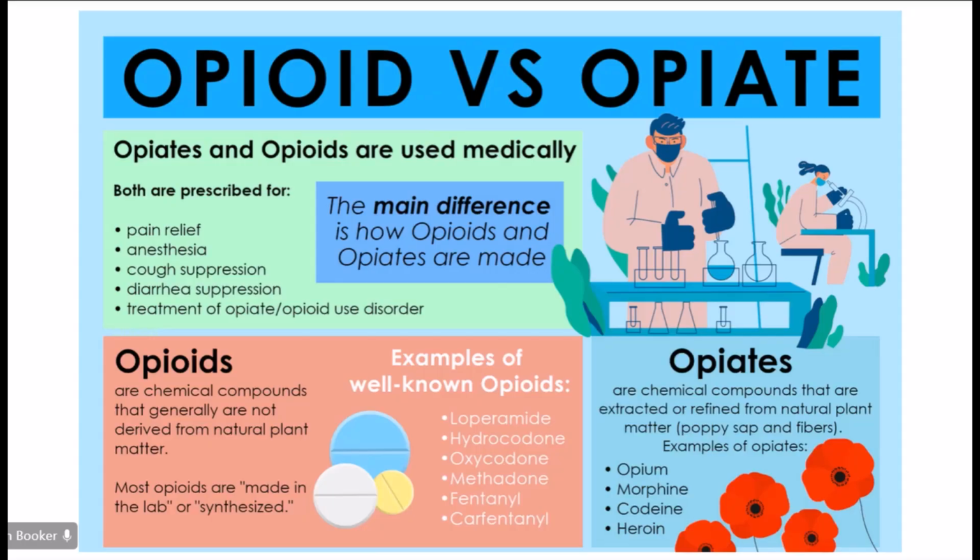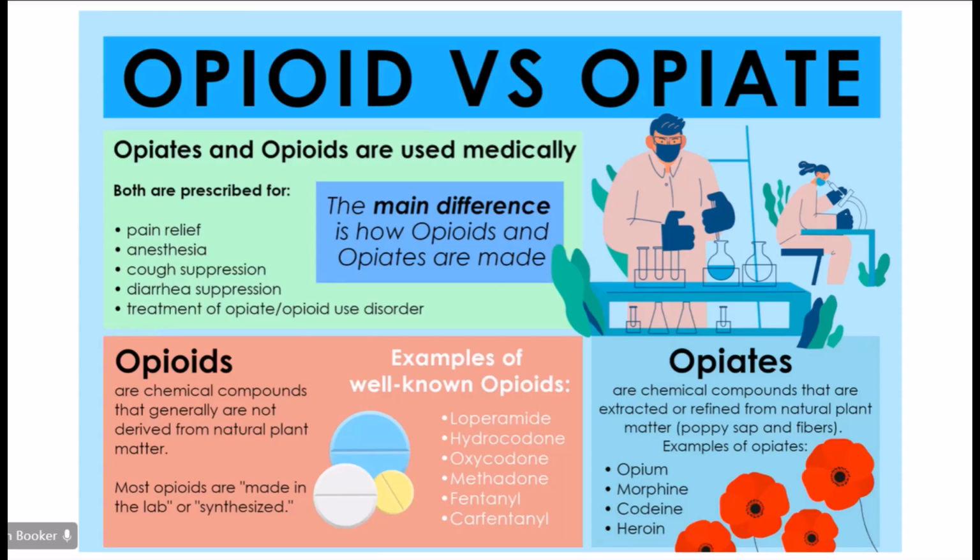Opioids are chemical compounds that generally are not derived from natural plant matter. Most opioids are made in the lab or synthesized. Examples of well-known opioids are loperamide, hydrocodone, oxycodone, methadone, fentanyl, and carfentanil.